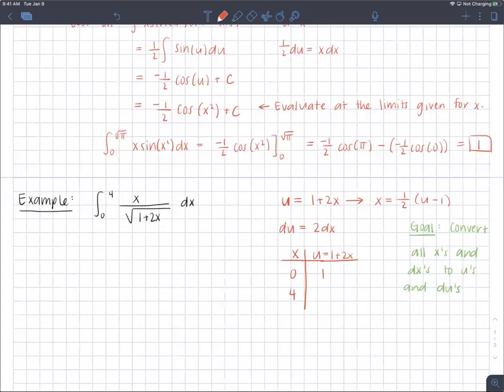When I plug in 4, you get 9. And so method 1 would be having your integral go from 1 to 9 of 1/2 times u minus 1 over the square root of u du.